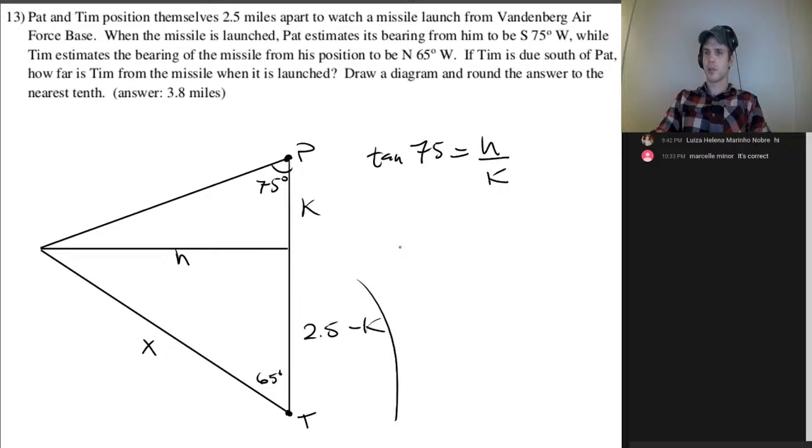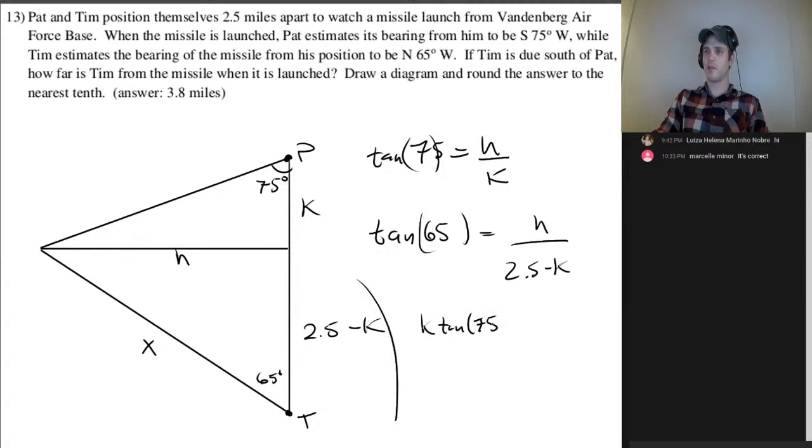So let's say from the bottom triangle, I'm going to say the tangent of 65 equals H over 2.5 minus K. And then I can solve both of these for H, set them equal to each other to find K. From the top one, I get K times the tangent of 75, which is equal to tangent of 65 times 2.5 minus K. And then we can solve for K.